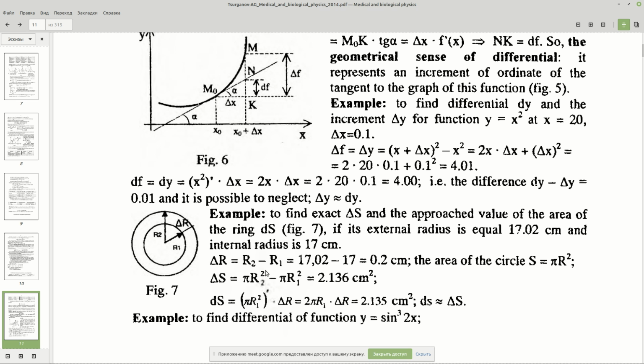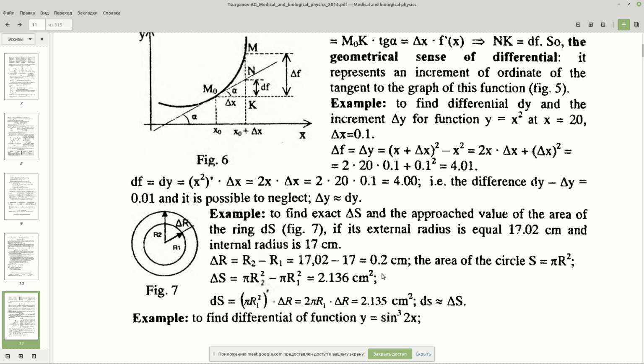And dS will be (pi R1 squared) prime multiplied by delta R, so it will be 2 pi R1 multiplied by delta R, and the result will be 2.135 centimeters squared.